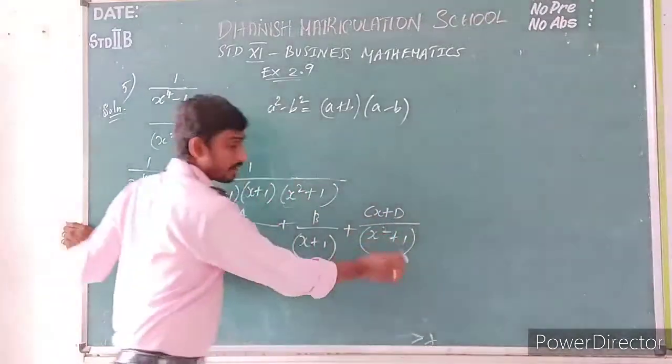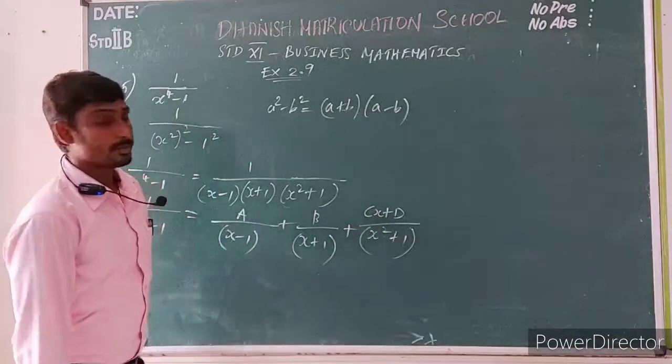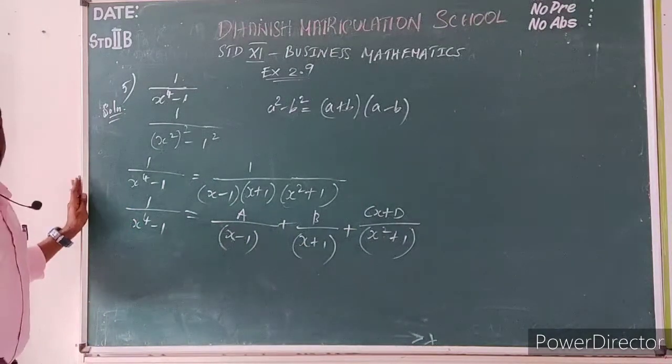Because we have an x square value, we put an x in the numerator.